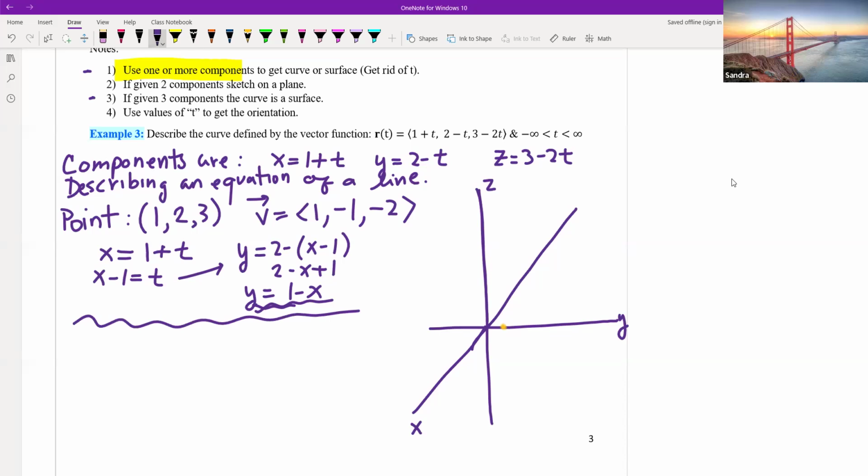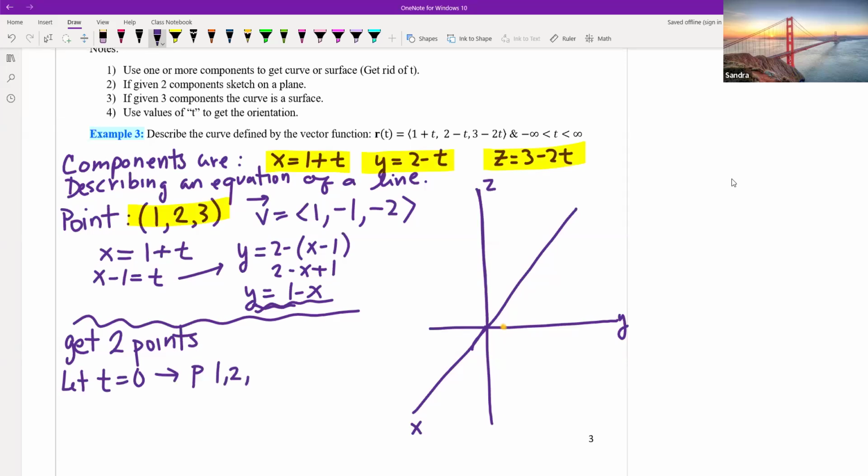But here's the other way, if you forget to do that, you can also do it this other way. I'm going to go directly to selecting a few points. So I'm going to say let t be equal to 0. If t is equal to 0 and I plug it in here, of course, we get the point 1, comma 2, comma 3.